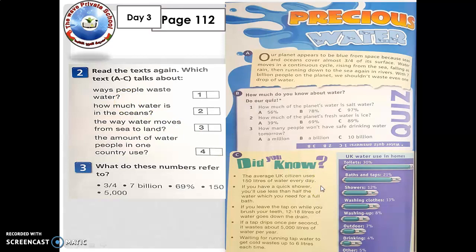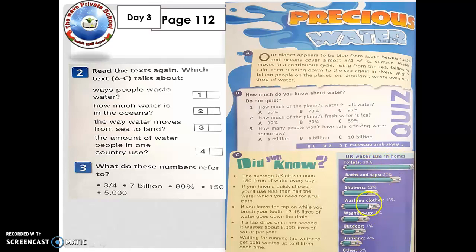Article 3. How much water is in the ocean? It is in paragraph A. And the way water moves from sea to land, where is that? It is in A as well. The amount of water people in one country use is in paragraph C. So UK, water use in home.